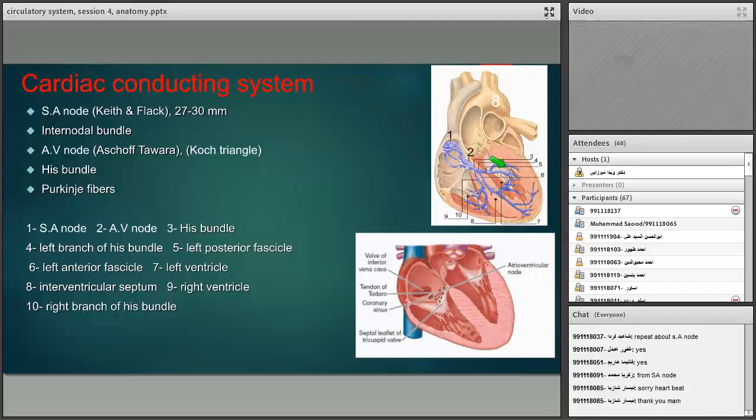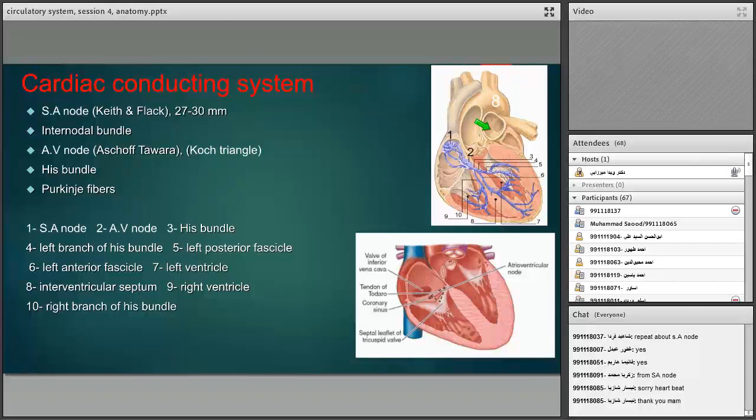So the ventricles will contract in the systole phase, and the blood will enter the aorta and the pulmonary trunk.